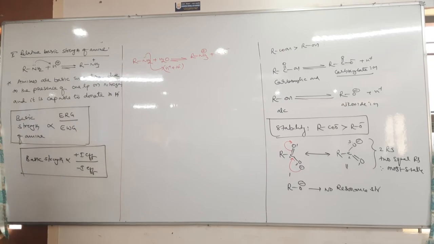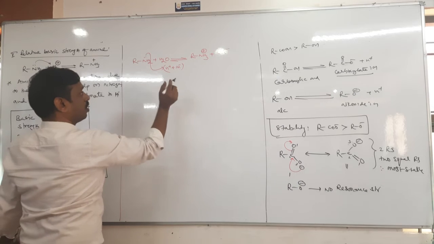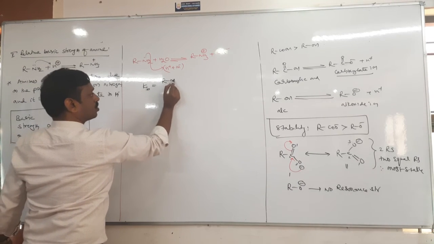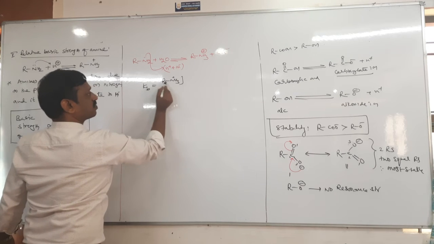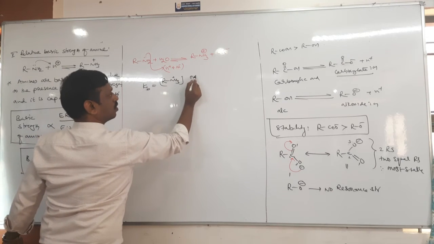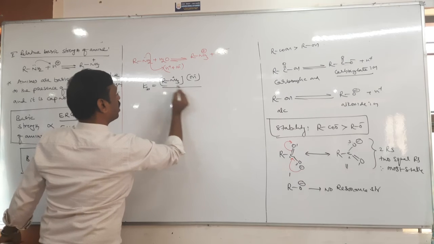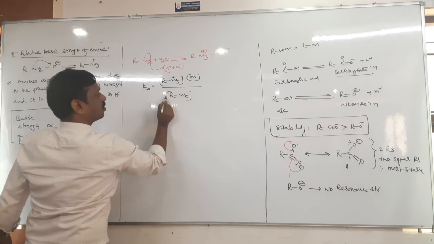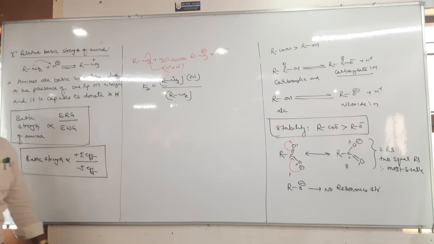Now by applying the law of mass action, you can write directly Kb is equal to the molar concentration of products divided by the molar concentration of reactants. Water is constant.